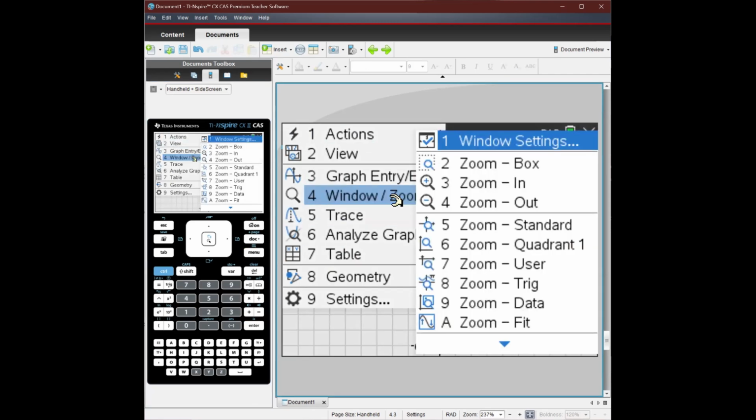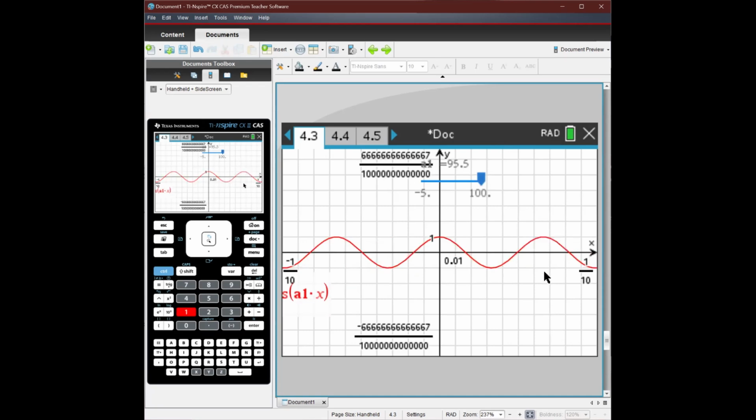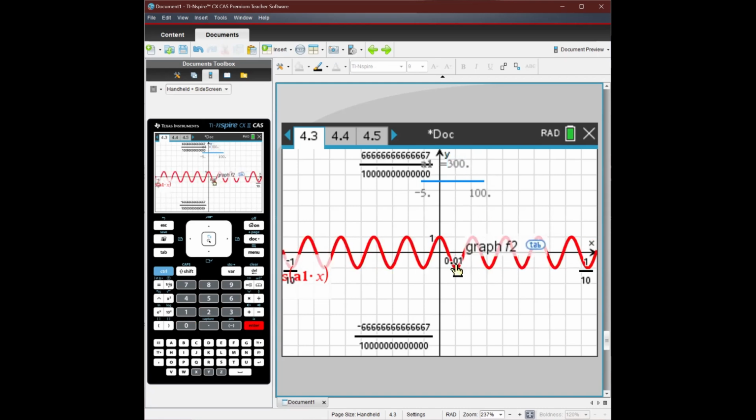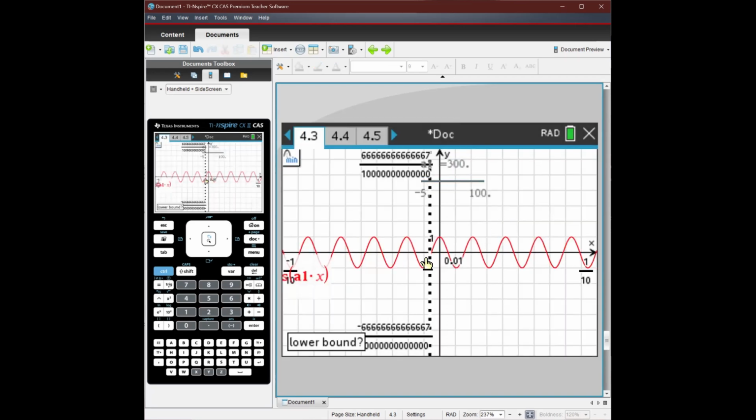Let's try a viewing window, minus 0.1 to 0.1 whatsoever. Now you can see if it's 100, well, you can zoom in enough. Maybe I can try 200, 300, whatsoever, okay? And you can see, analyzing the graph, the minimum.